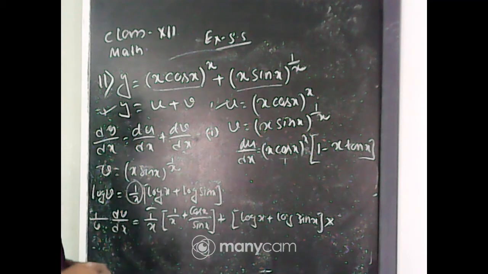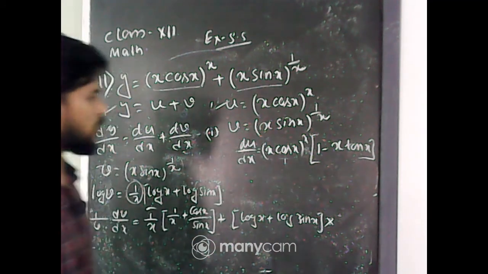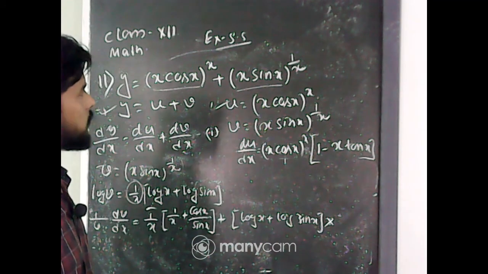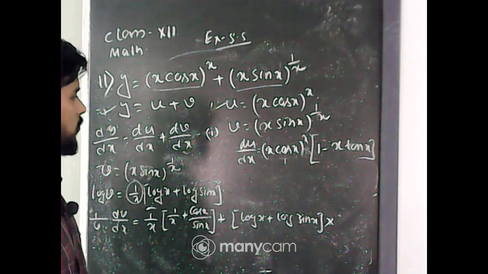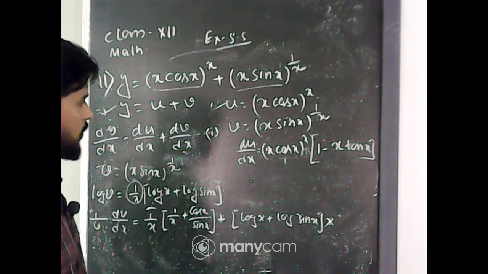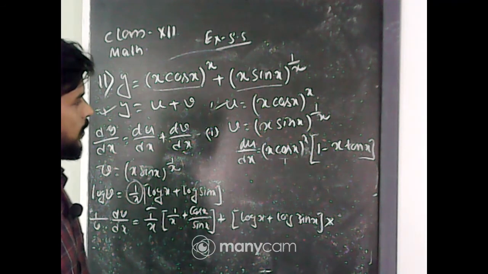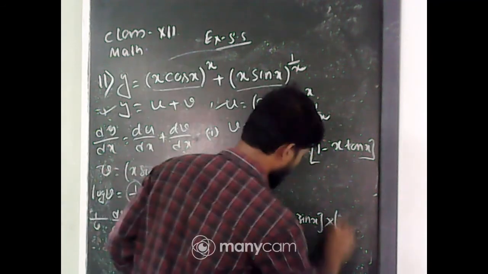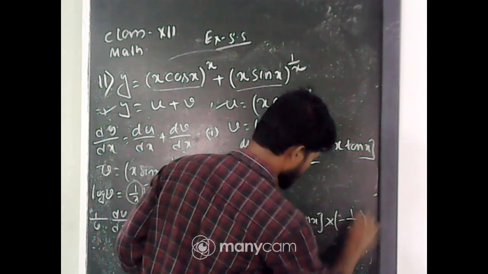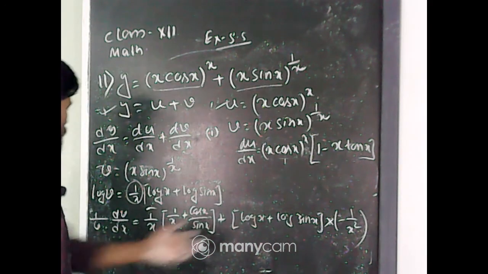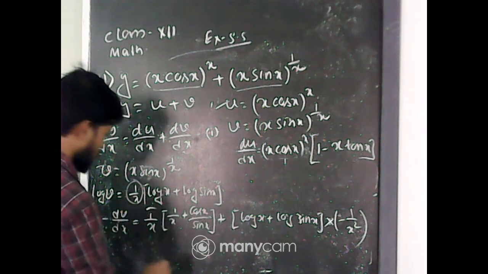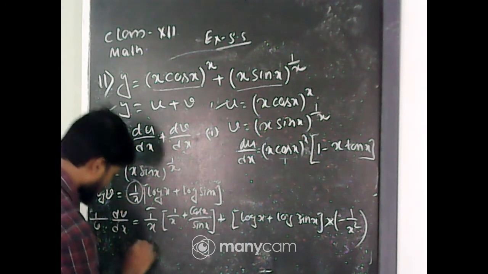So what is the derivative of 1 by x? Can you tell me? Who can answer? Derivative of 1 by x. Yes, it is minus 1 by x square. So minus 1 by x square. Okay, so just do some more calculation.